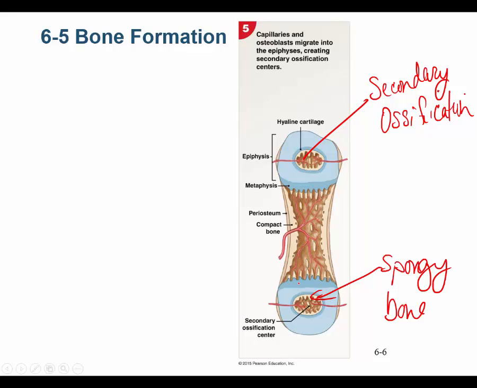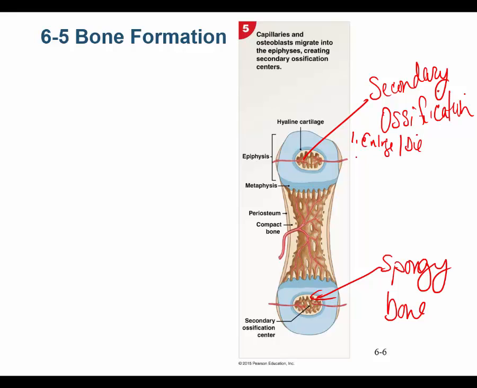In the secondary ossification center, the exact same thing happens. You have another perforating artery right there. That perforating artery comes in. Well, here's another bony collar first. All right, let me back up. We might as well just recap the steps. In my secondary ossification center, the same steps occur. Step 1, chondrocytes enlarge and die.